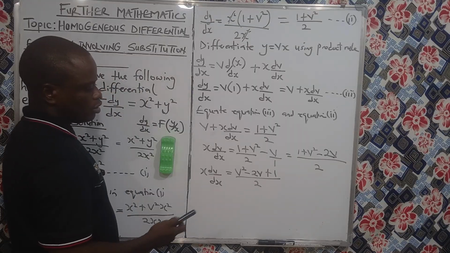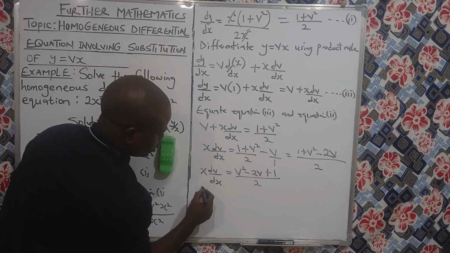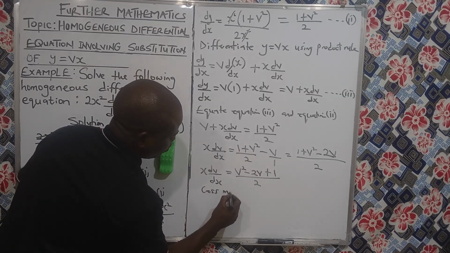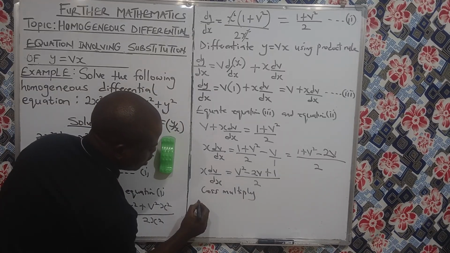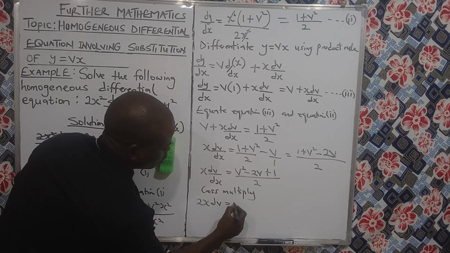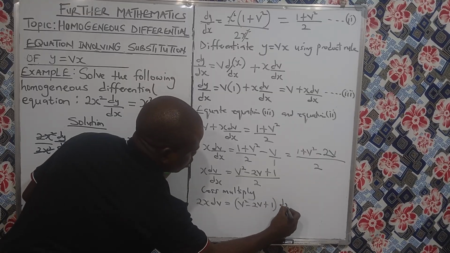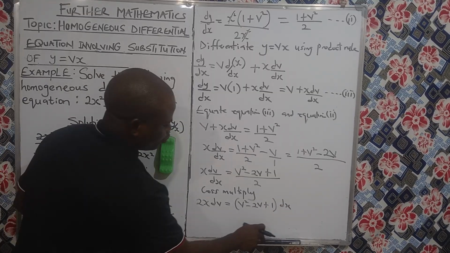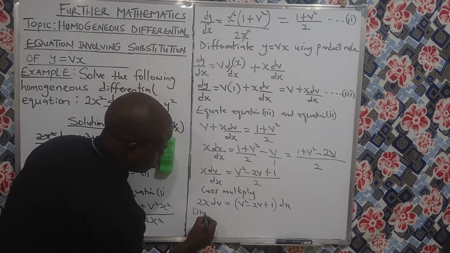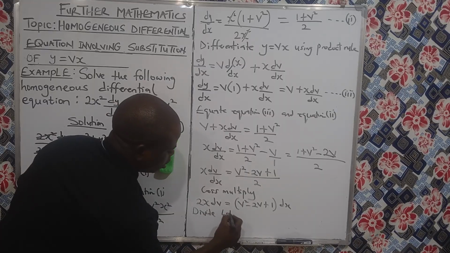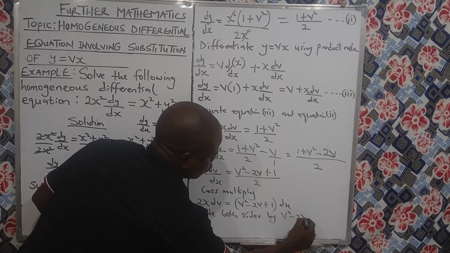Now, you want to carry out separation of variables, because it is in terms of v and x. Now, cross multiply. You now have 2 times x dv, that's 2x dv equals v squared minus 2v plus 1 dx. Now, I want to remove v squared minus 2v plus 1 from the right hand side. Divide both sides by v squared minus 2v plus 1.